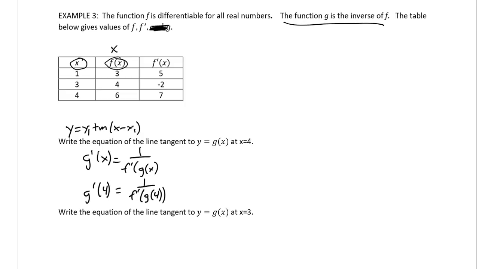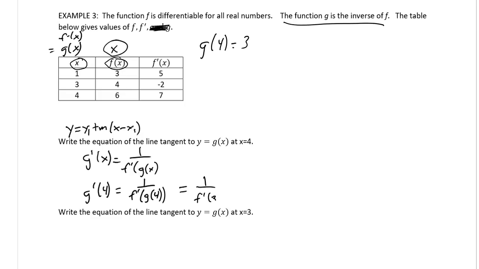So g of 4 then would be 3. If I take this column right here, I look, there's 4, and I look across to g of x is 3. So this would be 1 over f prime of 3, and f prime of 3 is negative 2, so it'll be 1 over negative 2.